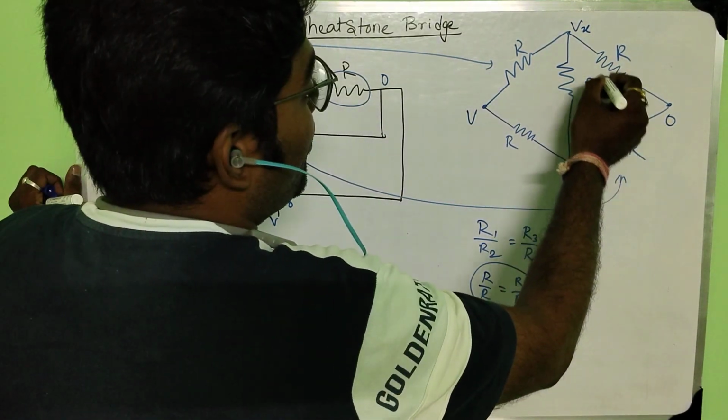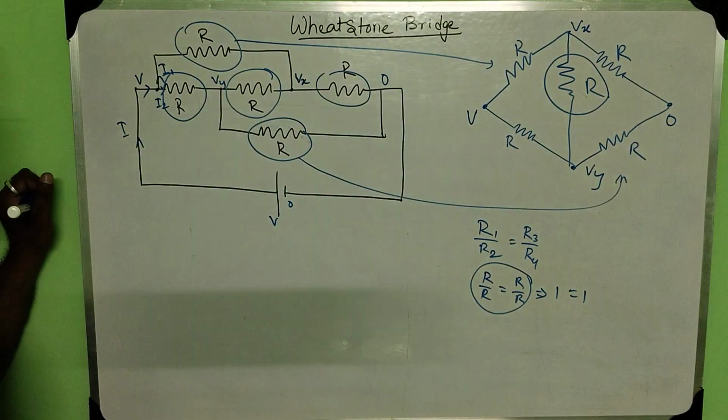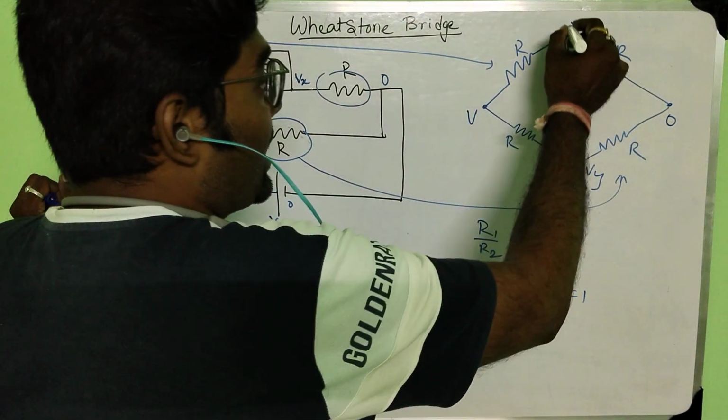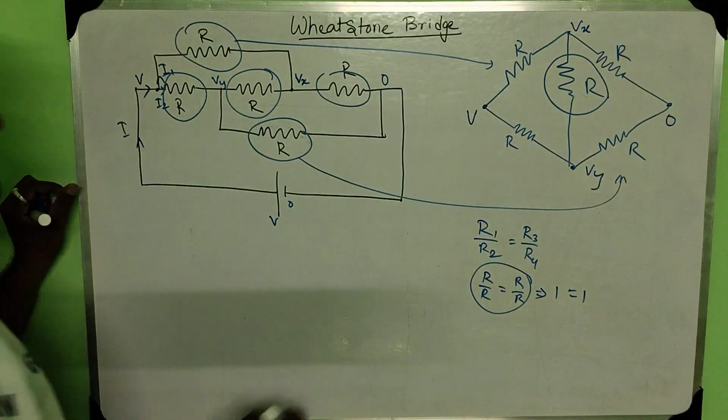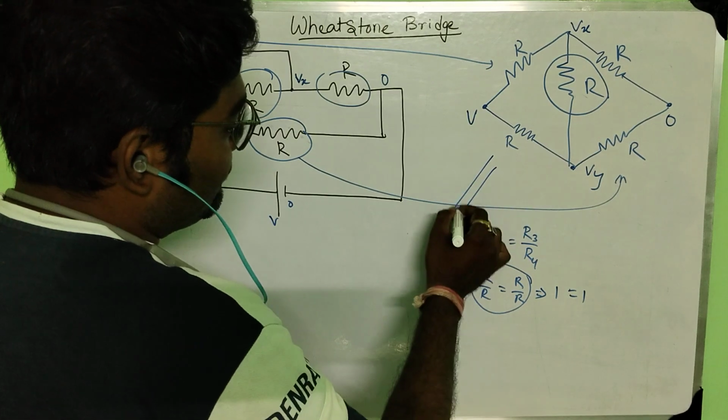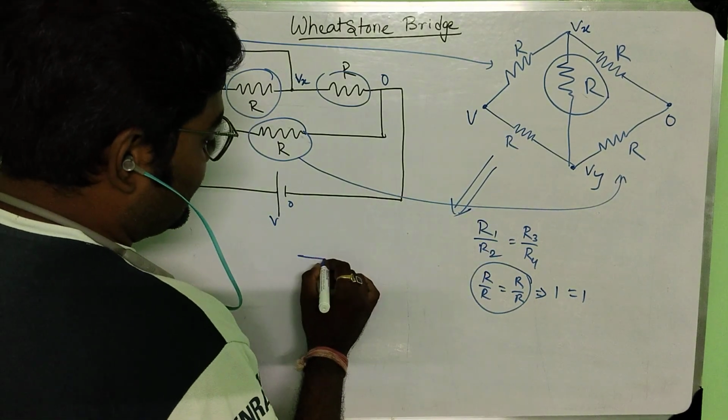That means there is no current flowing in this branch. So the equivalent circuit will be like this.